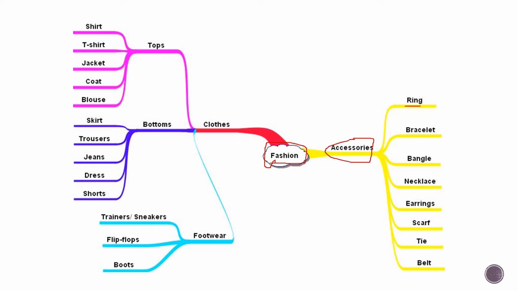You've got ring, you've got bracelet, you've got bangle, necklace, earrings, scarf, tie, belt, all of these fall under the accessories when you're talking about fashion. So this is the mind map of fashion, right? Somebody can come up with certain ideas for fashion.